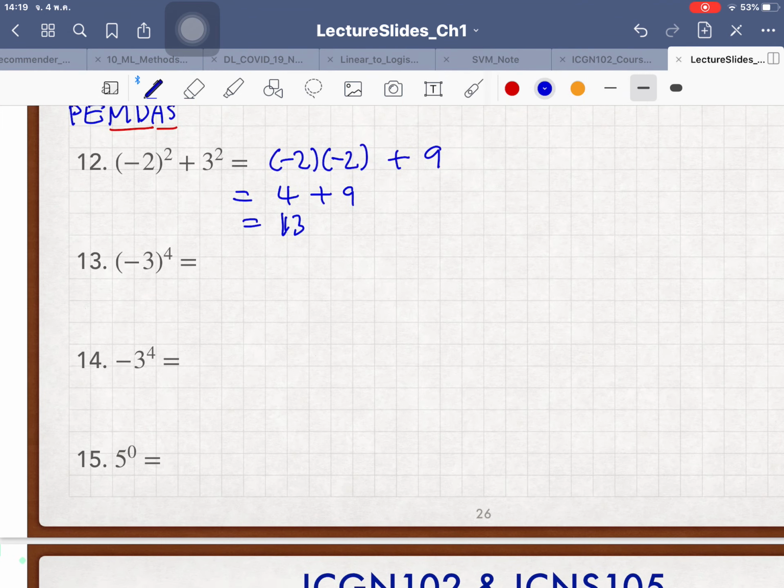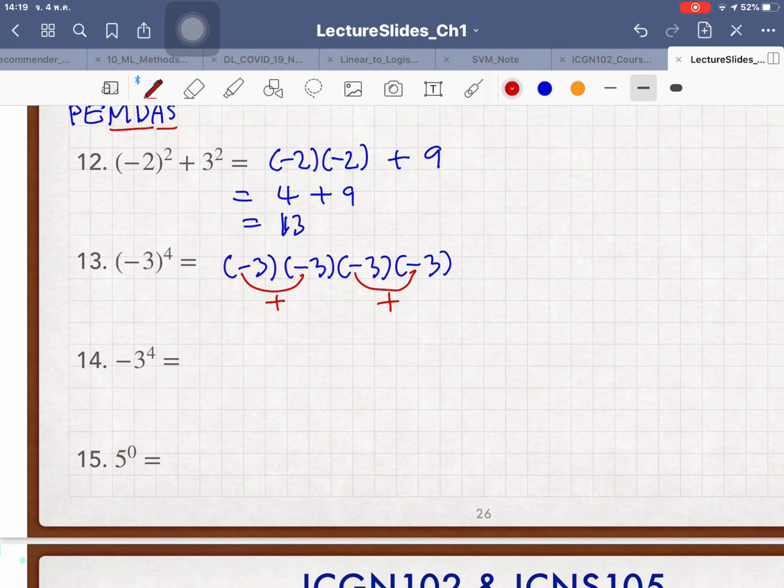And then for the next problem, here you have the power 4. So it means that you have 4 repeating terms of minus 3. You have 1 term, 2 terms, 3 terms, and then 4 terms. When you multiply minus and minus, you get plus. Multiply minus and minus again, you get plus.